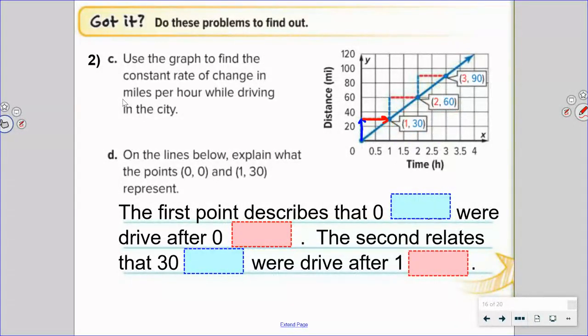So notice here that we can go up 30 miles for 1 hour, and we can go up another 30 miles for the next hour. And yes, we do find a constant rate of change because the rate of change doesn't change at all. Every time, I'm going to go ahead, you know me, miles per hour. So there is our unit rate.